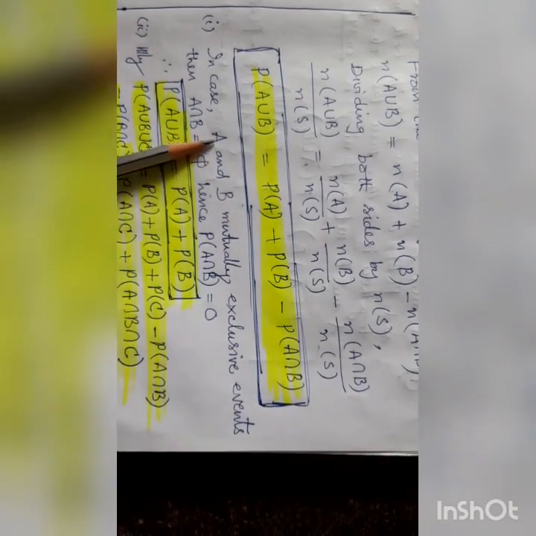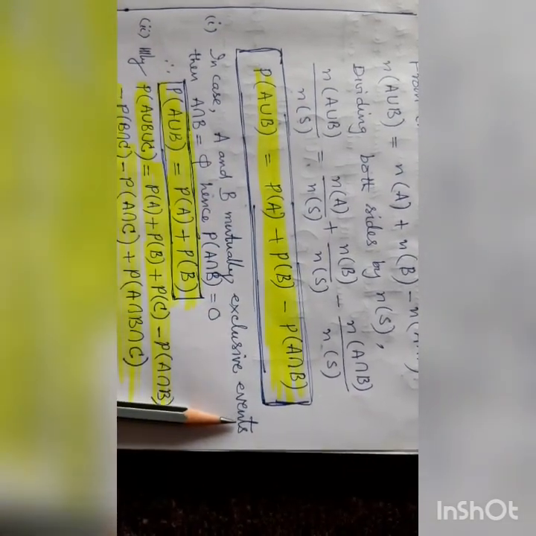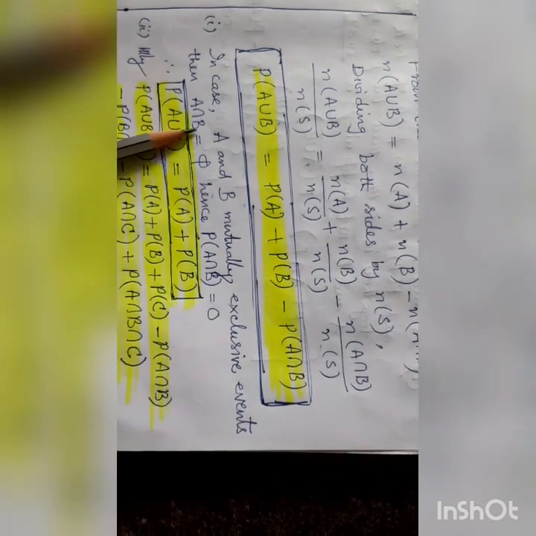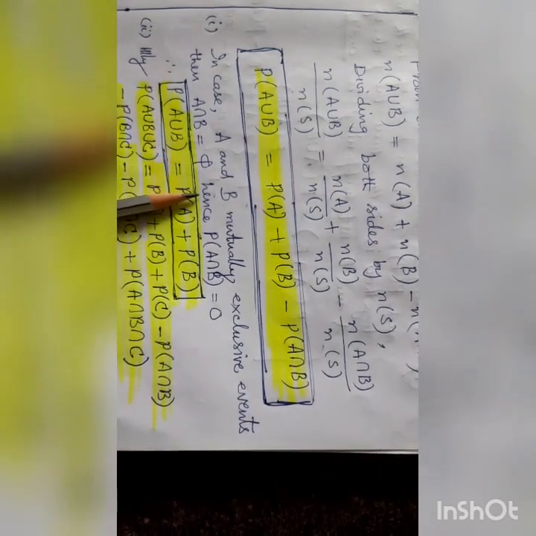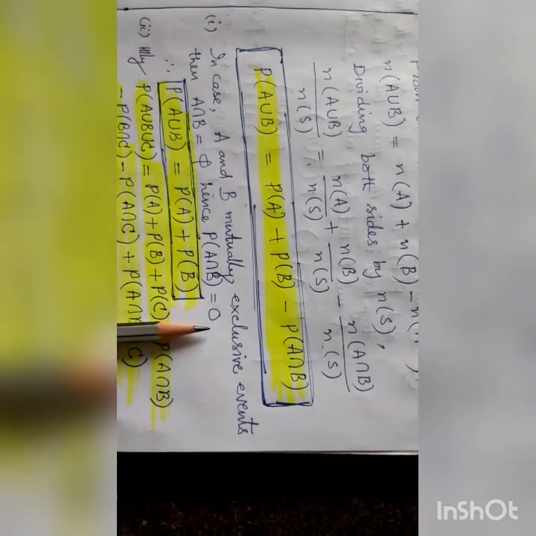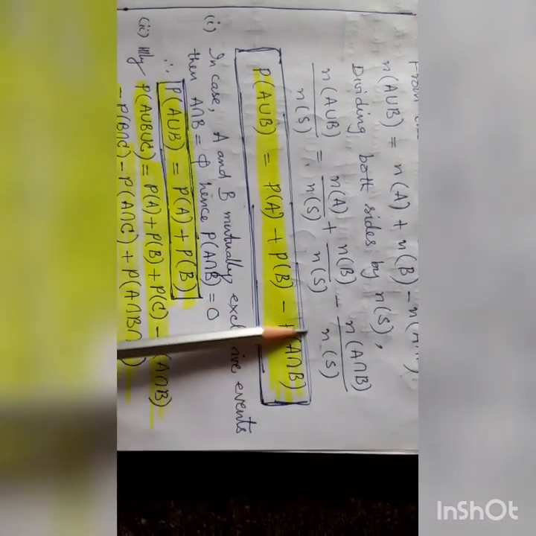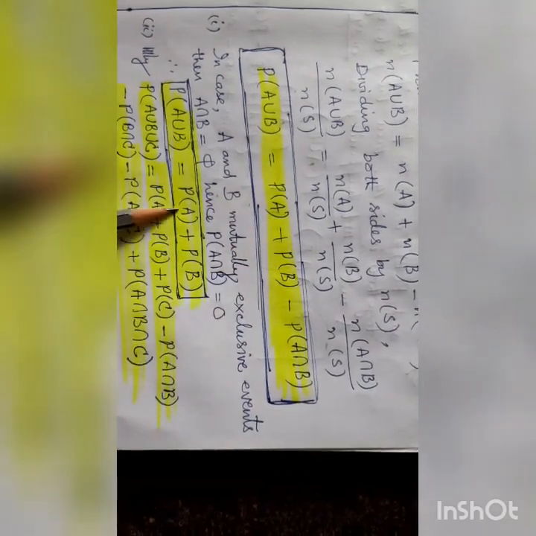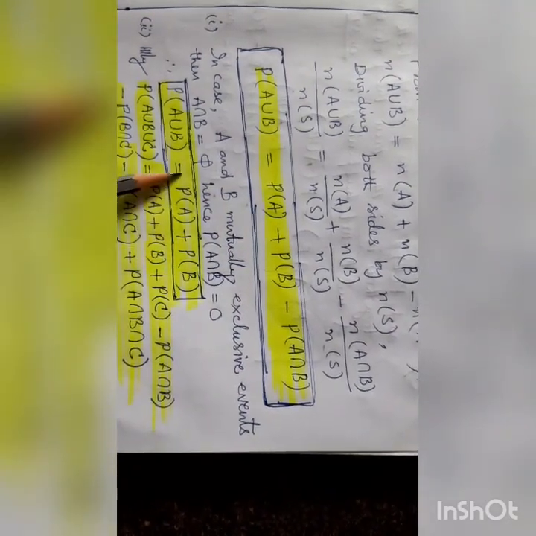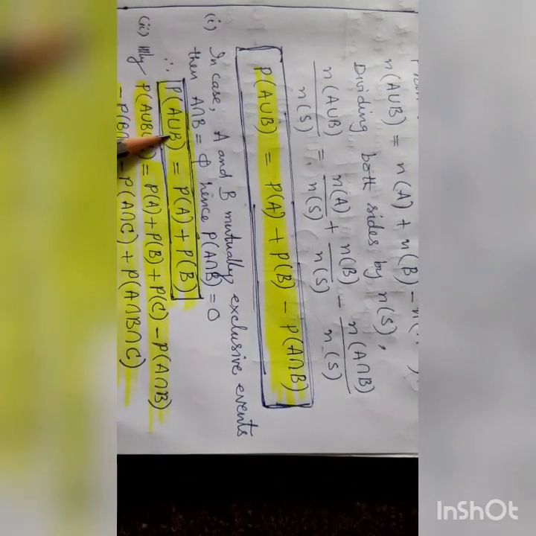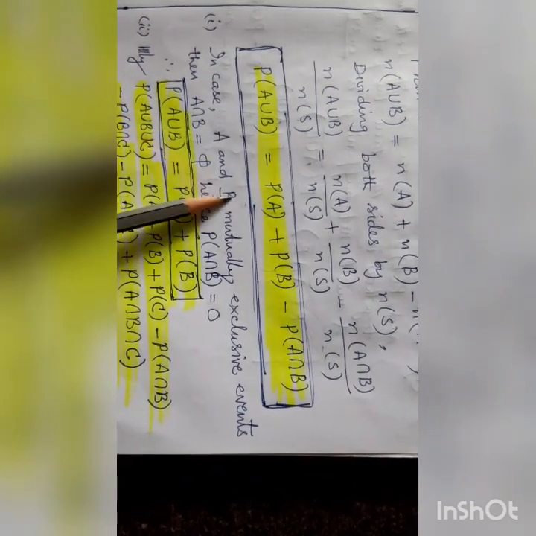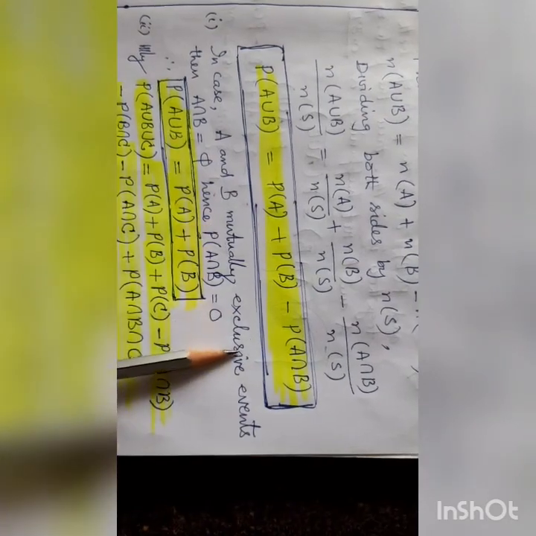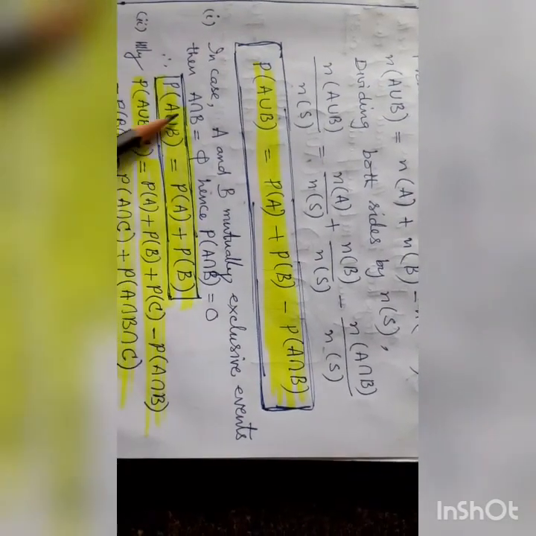A and B, two sets, mutually exclusive events, then A intersection B equals phi, the null set, hence P(A ∩ B) = 0. Then this P(A ∩ B) will become 0, and these two will be remaining. P(A) + P(B) = P(A ∪ B) only when A and B are mutually exclusive events.